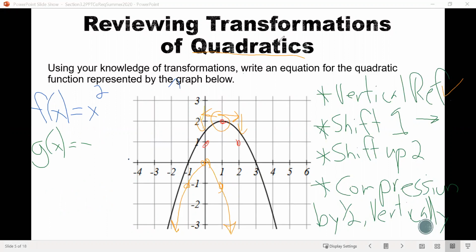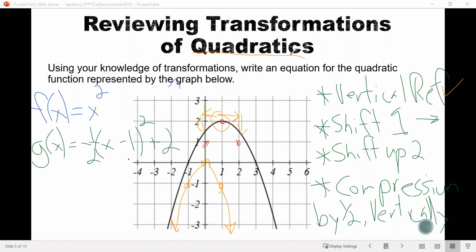The shift 1 to the right goes on the inside, and because it's on the inside, it's a house of lies. So rather than being a +1, even though it's going to the right, we're going to have a -1 squared. Shift up 2, well, that's an outside thing, so we put a +2 on the end. And then the compression by 1/2, since we decided it's vertical, means a 1/2 goes out front.